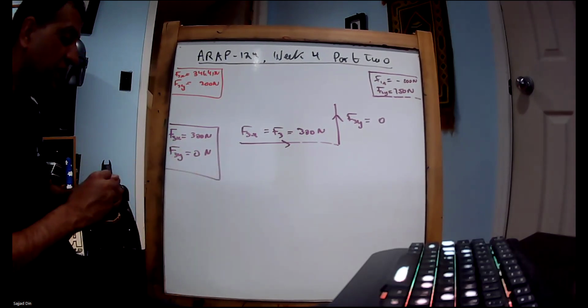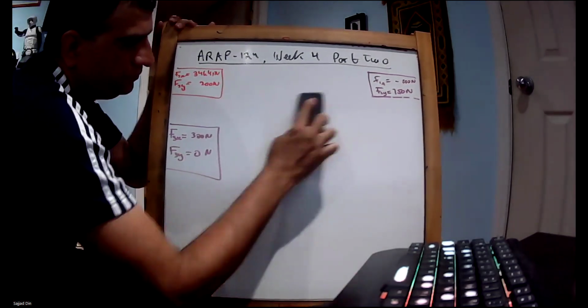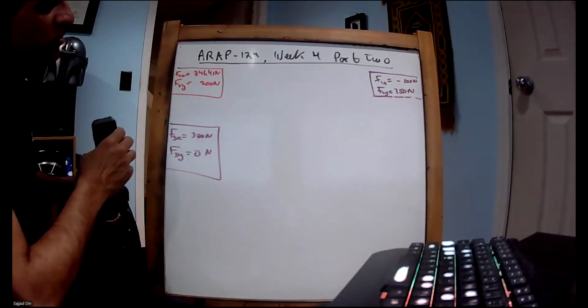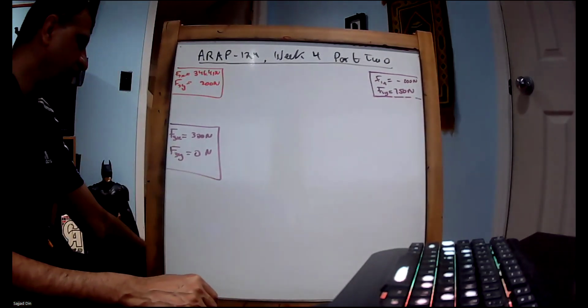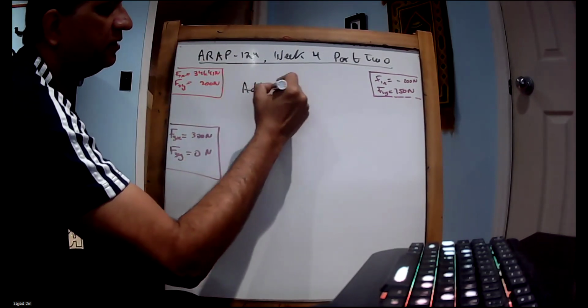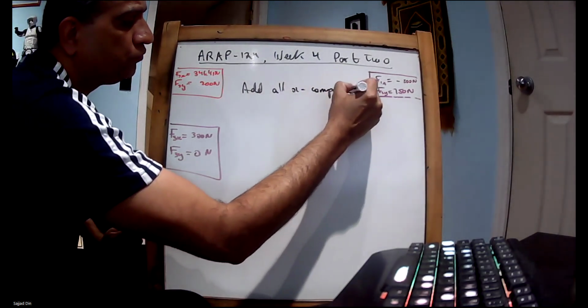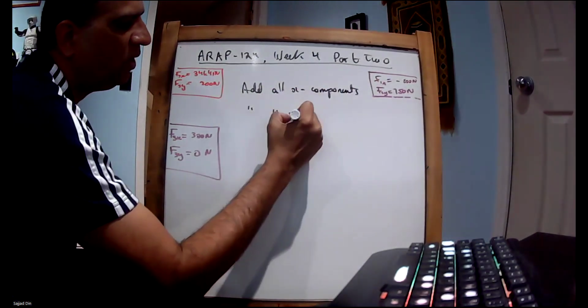Now, I'm going to give you guys a few minutes to work on this, to come up with the resultant. How do you do that? You add all x components, and then you add all y components.